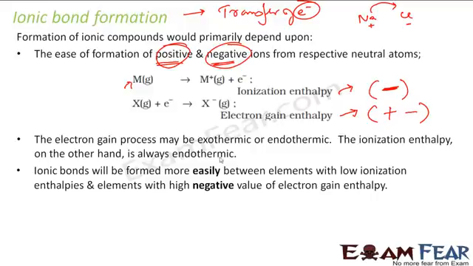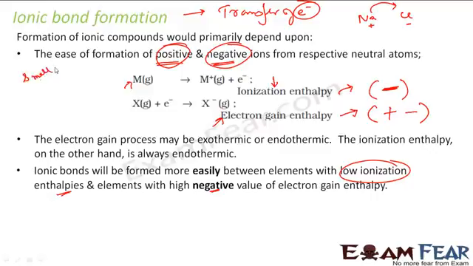So an ionic bond is formed easily between elements which have low ionization enthalpies and high values of electron gain enthalpy. That means it emits a lot of energy when it gains the electron, but it needs very small energy to pluck out an electron.